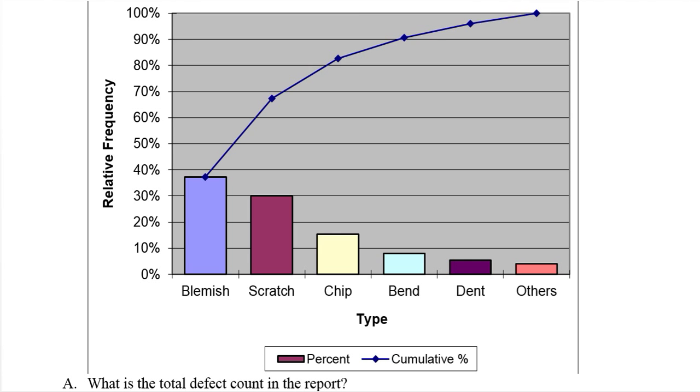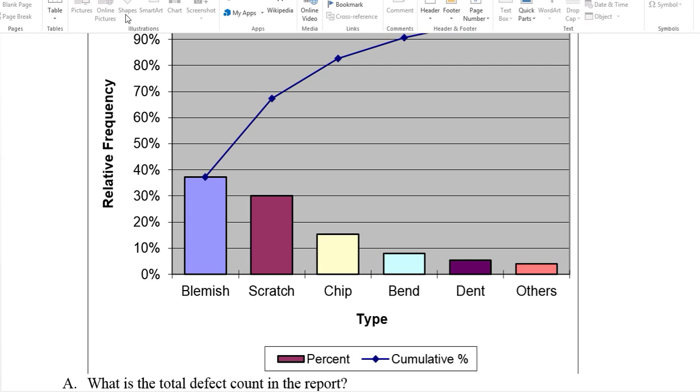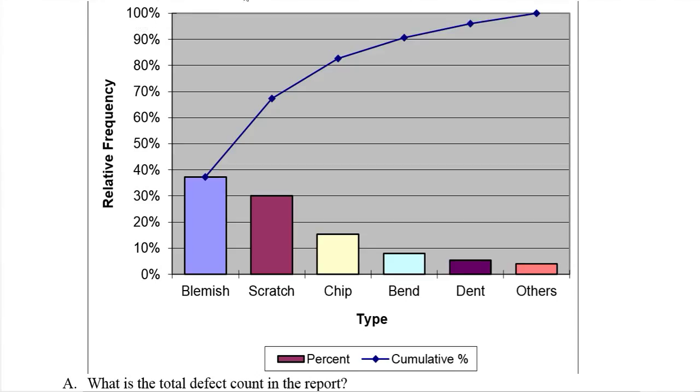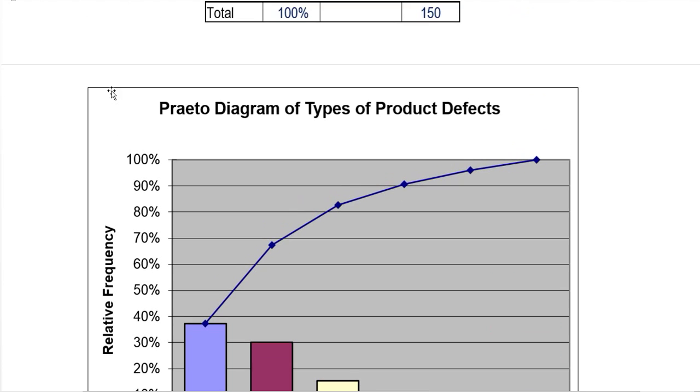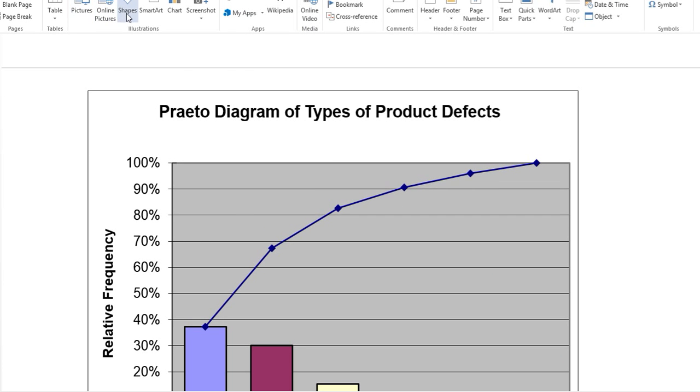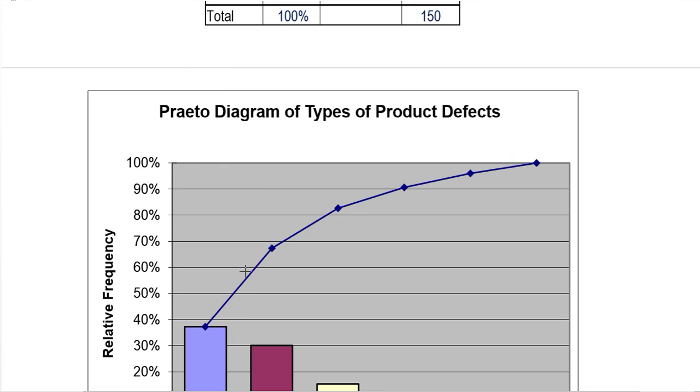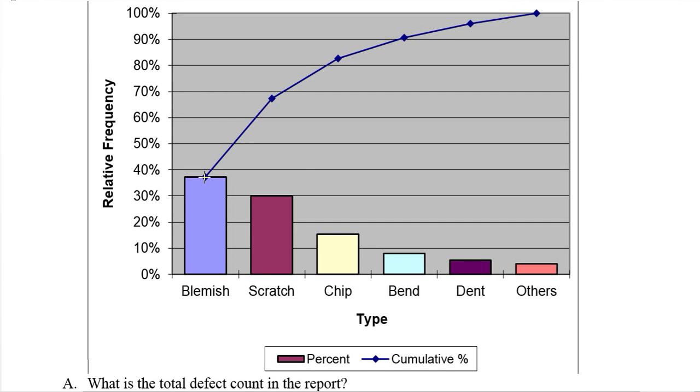Minitab didn't do this for me, but I would insert a little line segment here if I can do it. There we go. So I'd put another line segment going from here to 0.